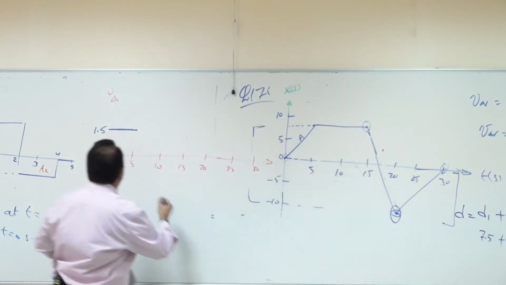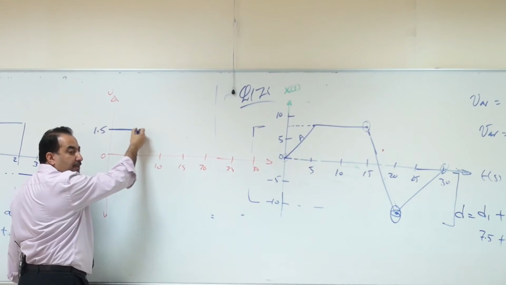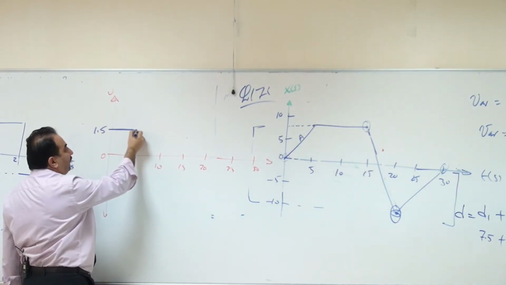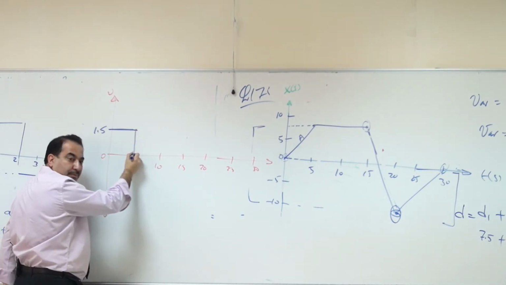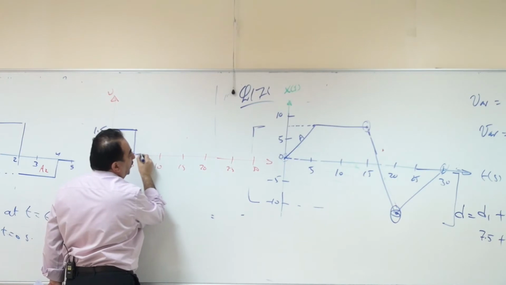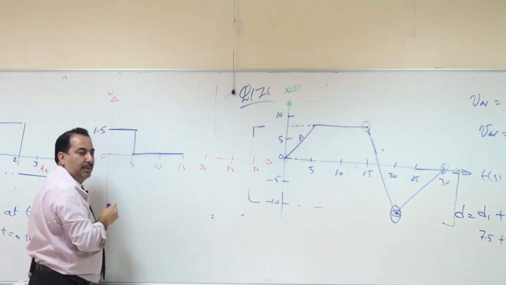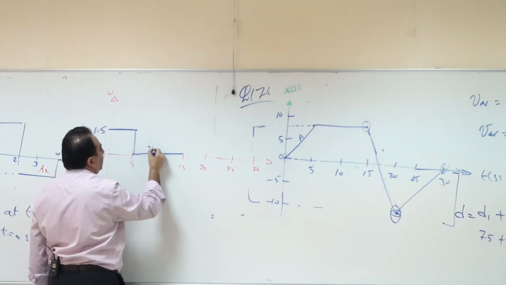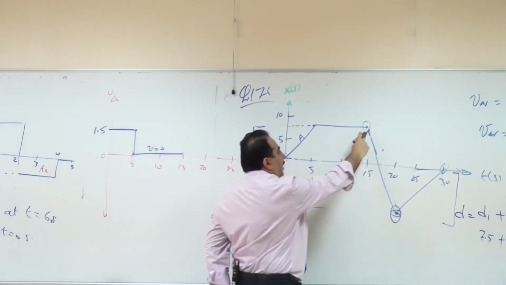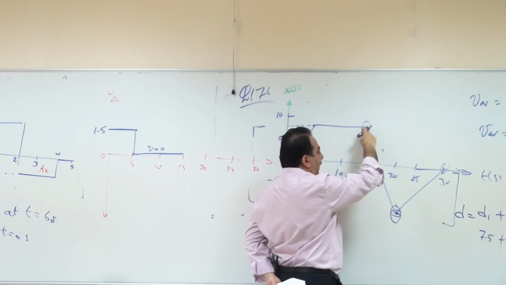Now from 5 to 15, 0. It means when you reach here, suddenly what happens? Not gradually, suddenly. From 1.5 down to 0. And you stay at 0 for how long? To 15. Here V equals 0. When you are at this corner, what happens now?